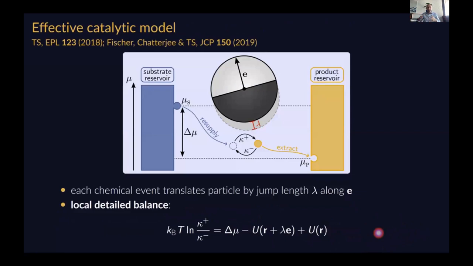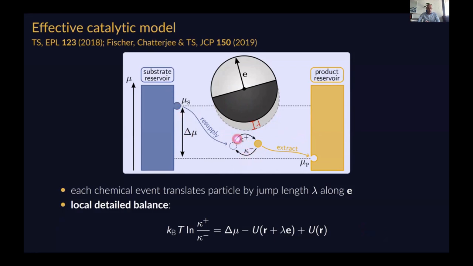So with this explicit model, you can go one step further. Previously, we already had thought about an effective catalytical model, and this effective catalytical model actually reproduces this more detailed microscopic model. Here we don't keep track of the solute molecules. We just say that there are chemical events with rates kappa plus and kappa minus.